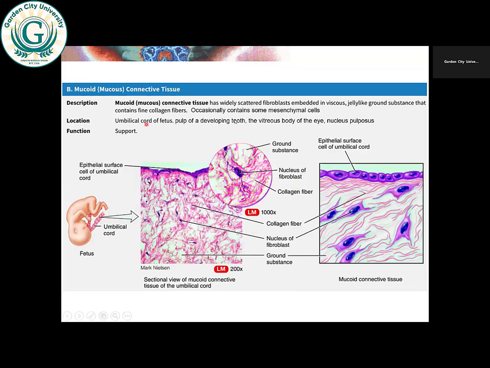I think this is the example that you should know, but they are also found in these other places. Of course, that is why there's stem cell research ongoing where they are looking at the umbilical cord, because there are some stem cells there.